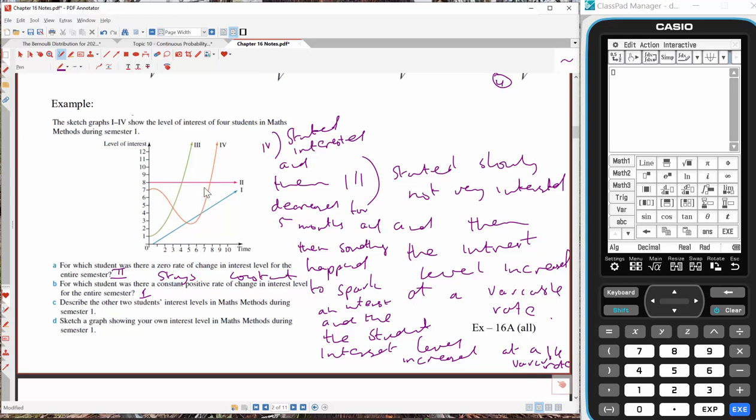So we can see here that it's increasing slowly there, increasing slowly, and it just goes nuts.